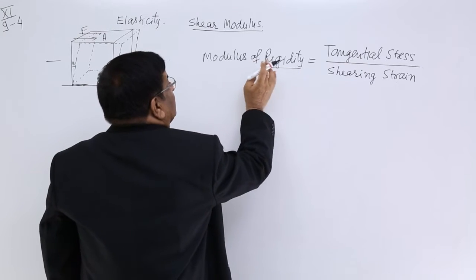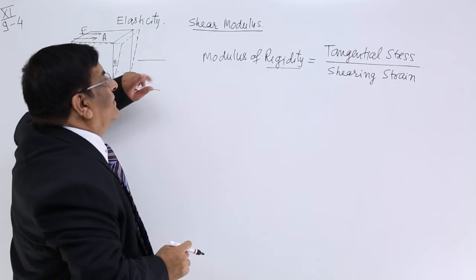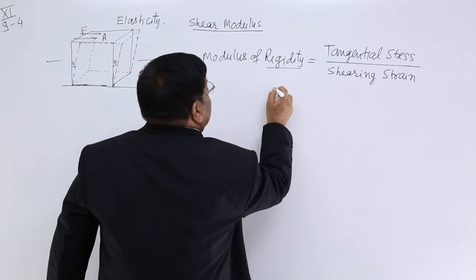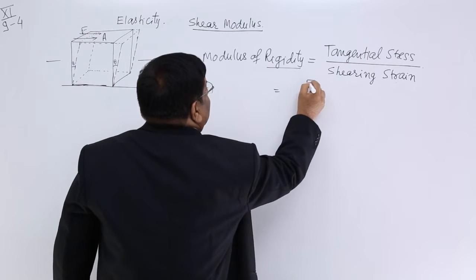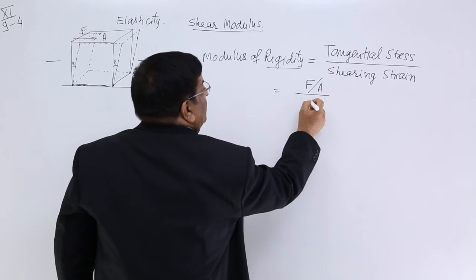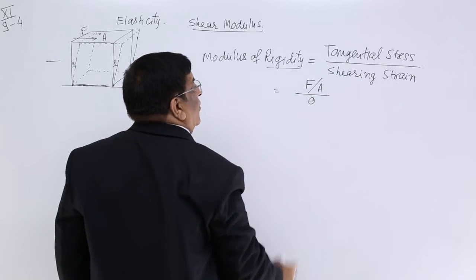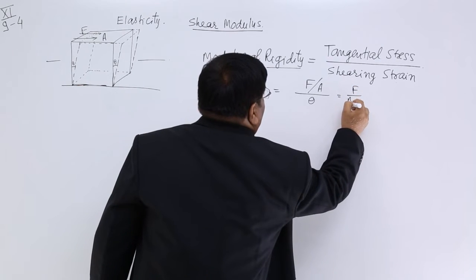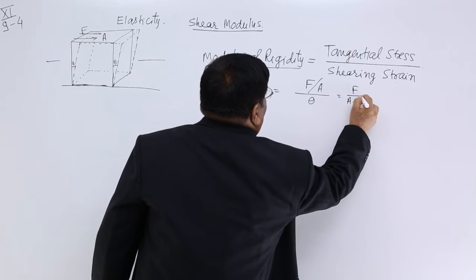This is the case of shearing, so this is also the shearing modulus. It is equal to tangential stress, that is F upon A, and shearing strain, that is theta. We can write it as F upon A into theta.